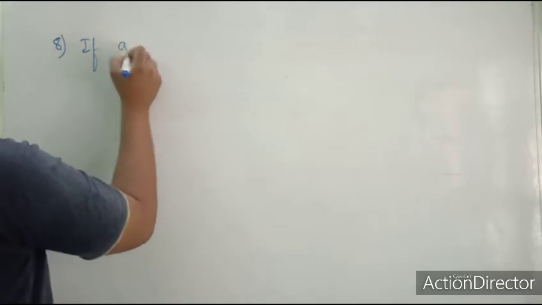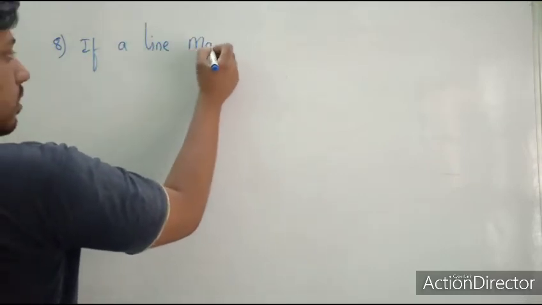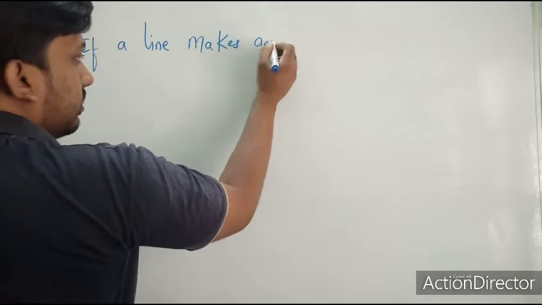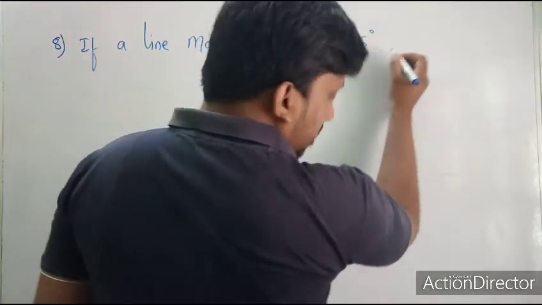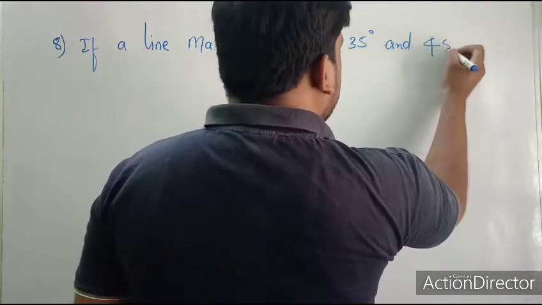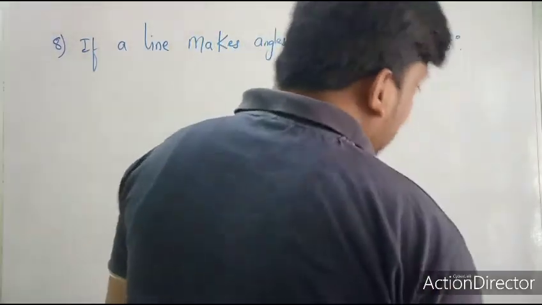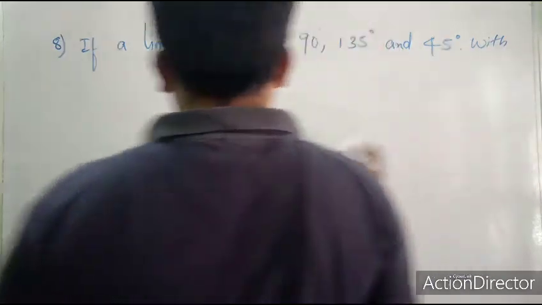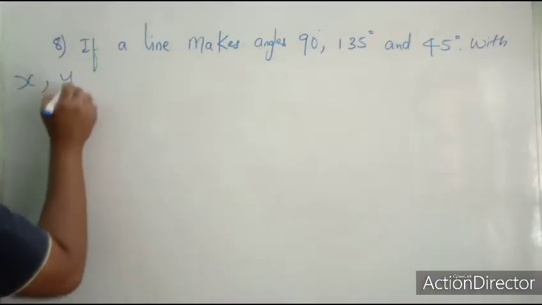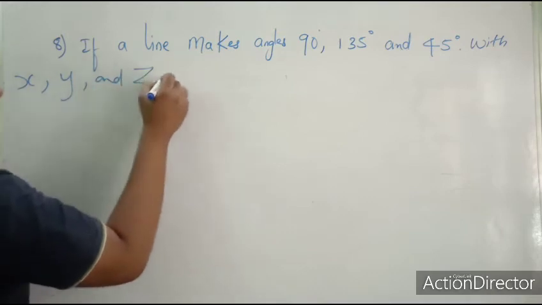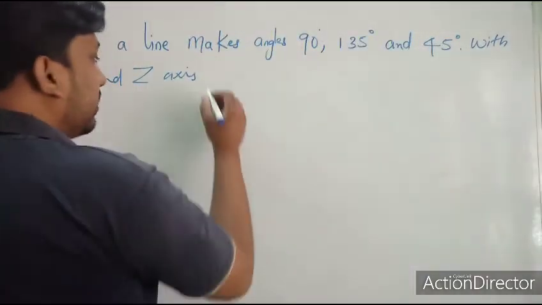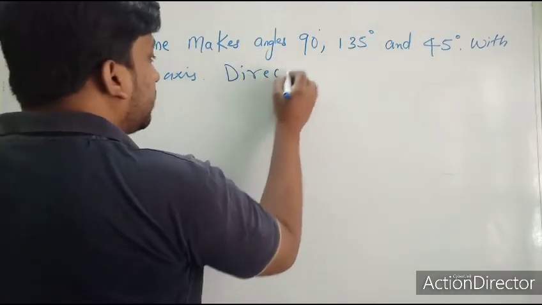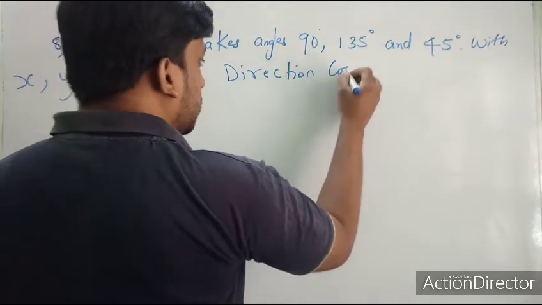If a line makes angles 90 degree, 135 degree and 45 degree with x, y and z axis, okay, x, y and z axis, we need to find the direction cosines. They are asking to find the direction cosines.